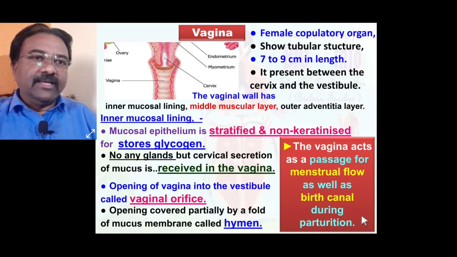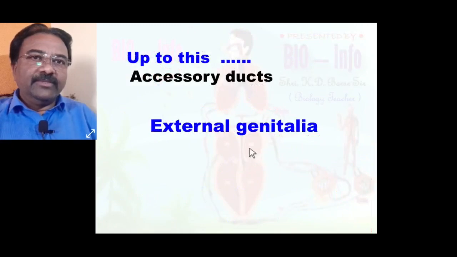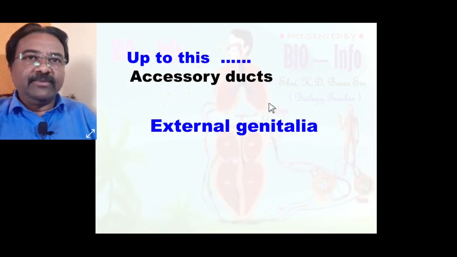The vagina is one of the accessory ducts of the female reproductive system. Up to this point we have discussed in detail all accessory ducts like the oviduct, which consists of three parts: infundibulum, ampulla and isthmus. The uterus is also a most important part because inside it the complete development of the embryo occurs.